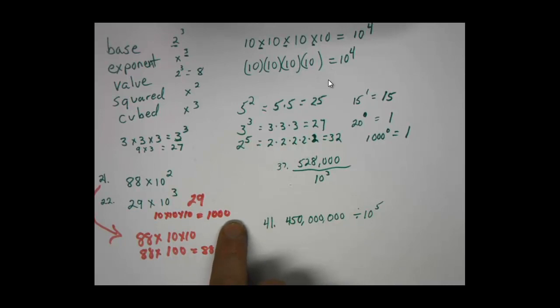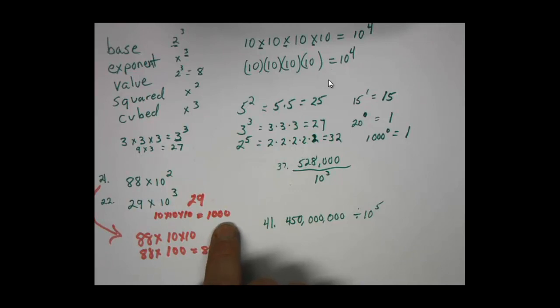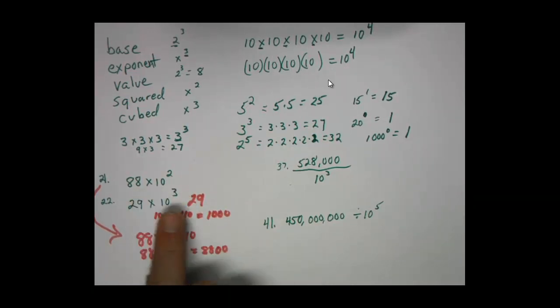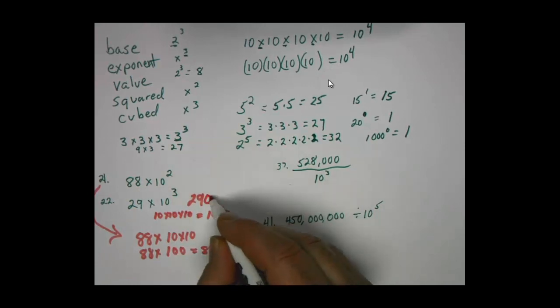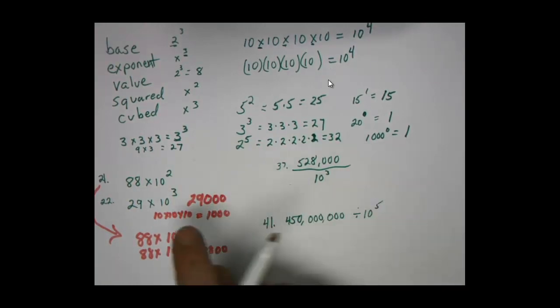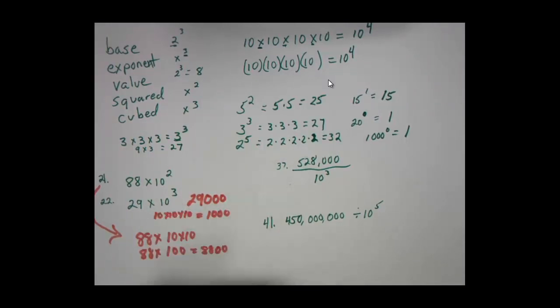You notice the correlation between the exponent and the number of zeros we have. So 1 times 29 is 29. We have 3 zeros in the problem, and therefore we have to have 3 zeros in the answer. So 29 times 1,000 is obviously 29,000, but that's kind of a shortcut way to think of it.